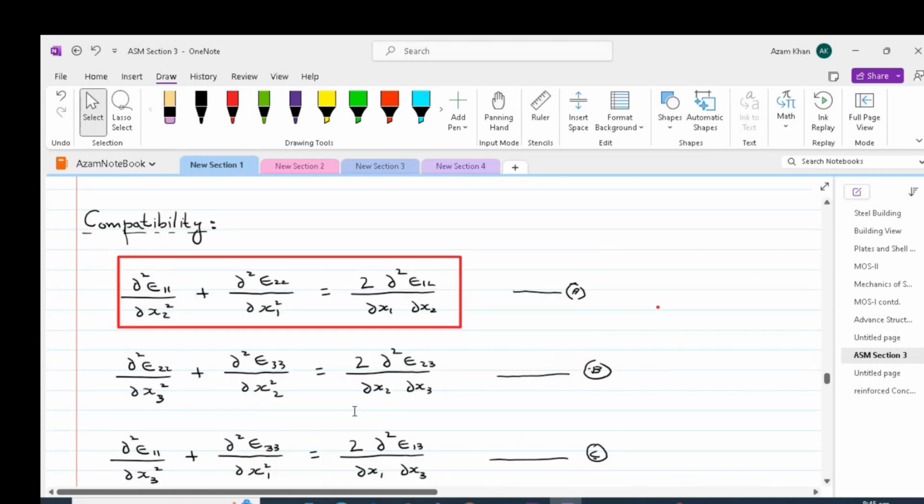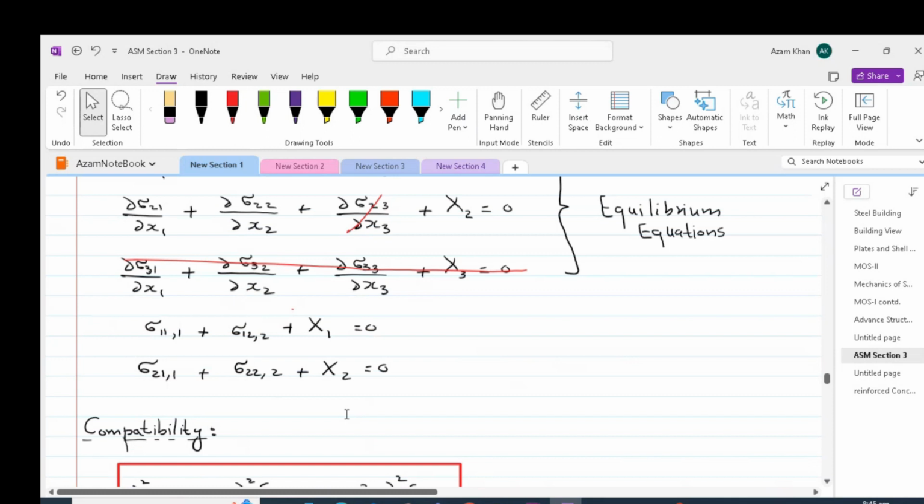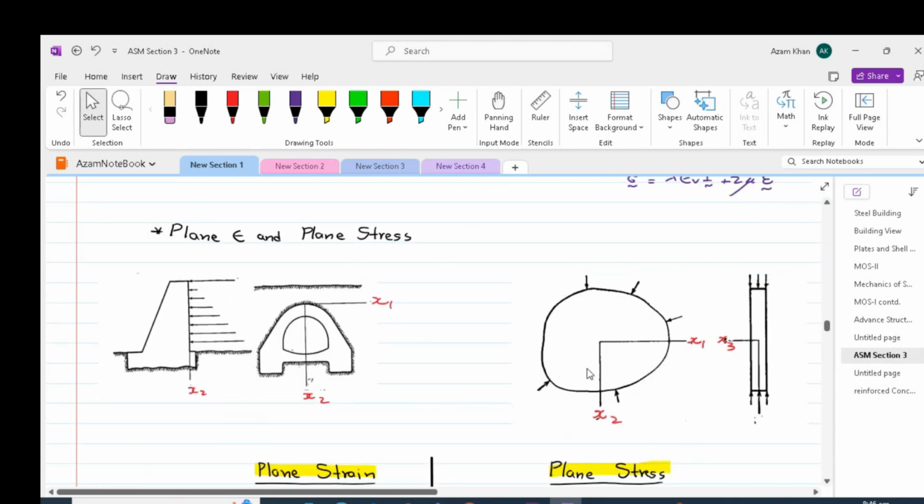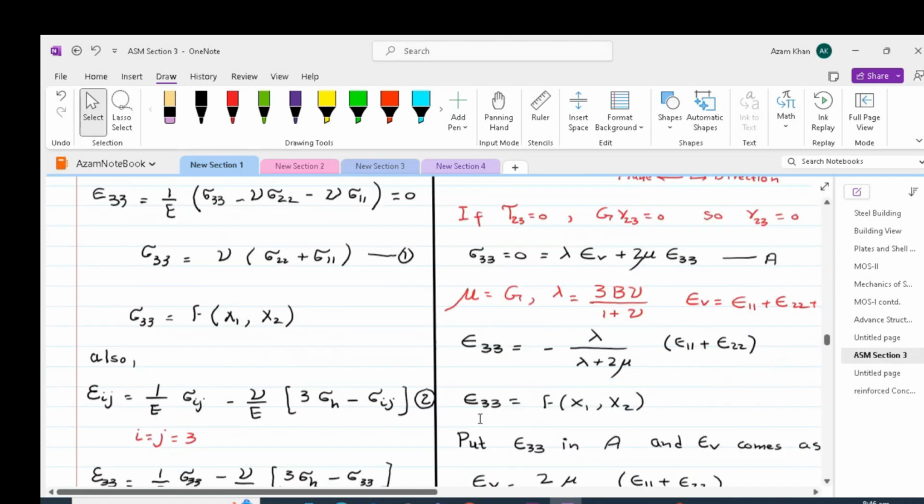In compatibility, for plane stress and plane strain, the most relevant equation is the first one, which relates the strains in the x1, x2 directions with each other. Remember the x1 and x2 axes are the most relevant in both the plane stress and plane strain problems.